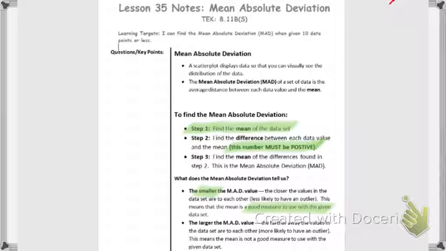Okay. If the mean absolute deviation value is larger, then that means that it is not a good measure to use when given the data set. Okay, so that means that the further away the values in the data set are from each other, the more likely that there is an outlier in the data set. Okay, and that's what you don't want.